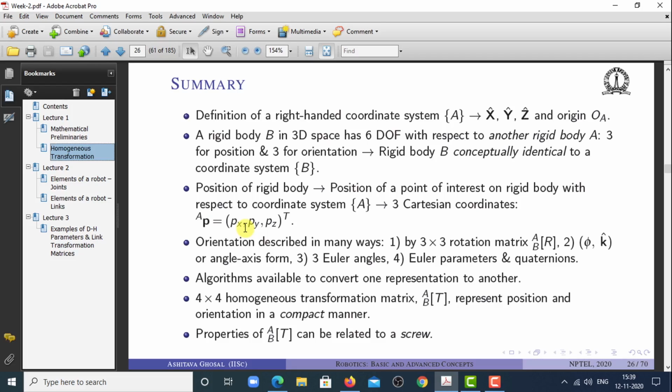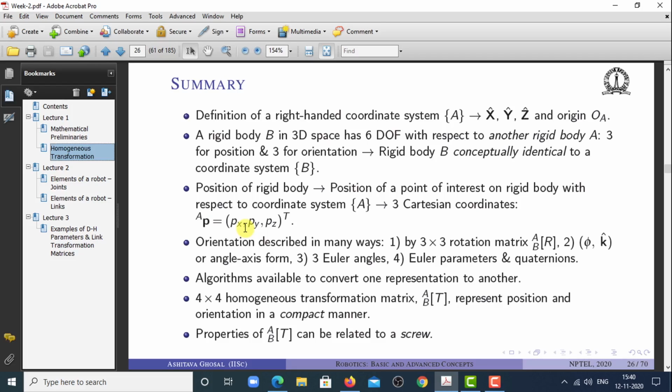We also looked at what are called Euler parameters and quaternions. The 3x3 rotation matrix had 9 quantities and 6 constraints. The angle axis form has 4 quantities and 1 constraint, whereas the Euler angles are minimal. And I showed you that we can derive algorithms to convert one representation of orientation to another representation.